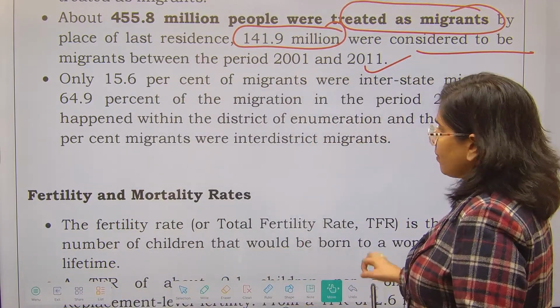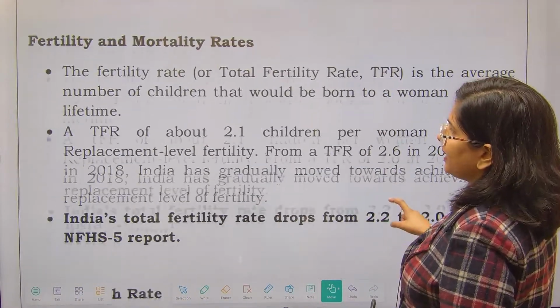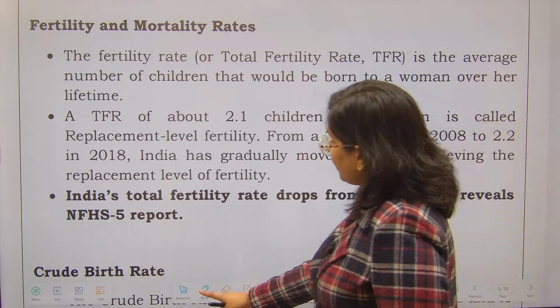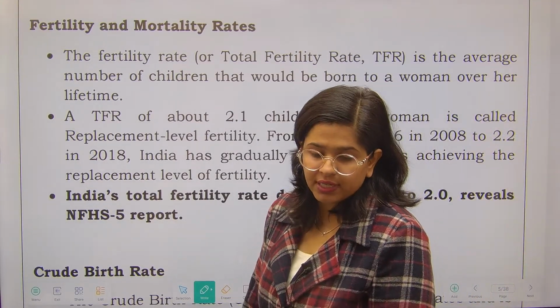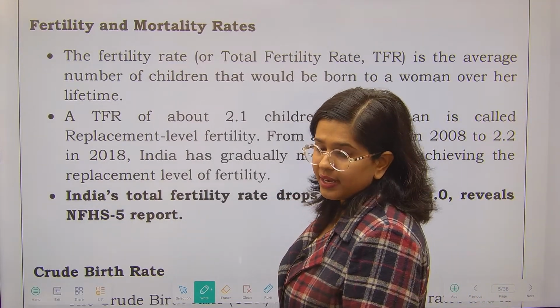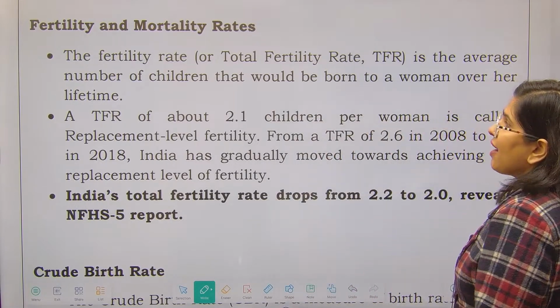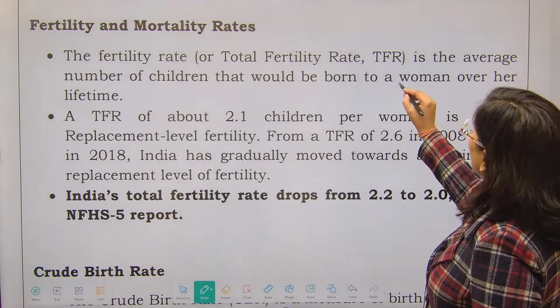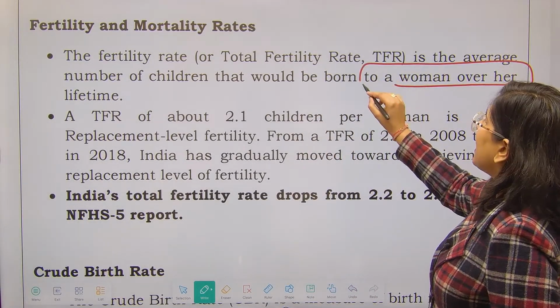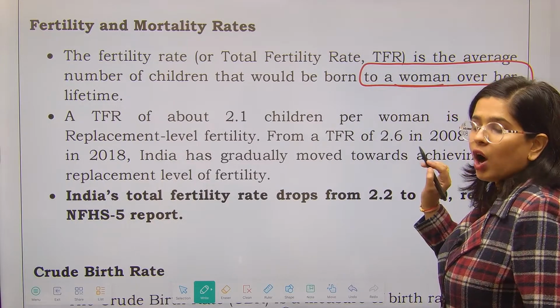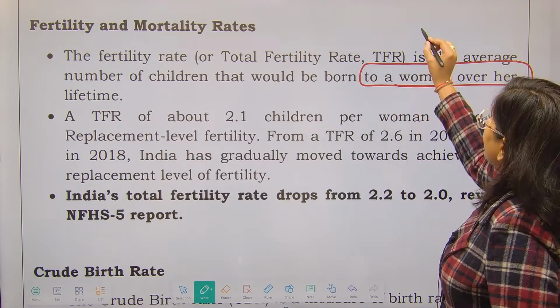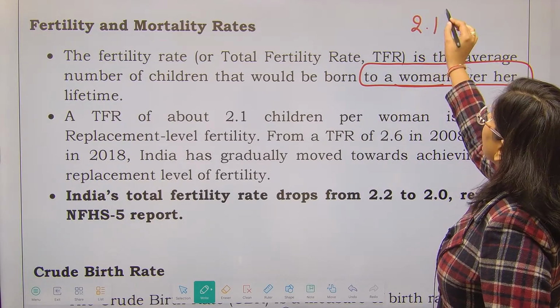Moving ahead and talking about the fertility and the mortality rates. We have already talked a little about the total fertility rate, right? So fertility rate or the total fertility rate is the average number of children that would be born to a woman over her lifetime. Here we are calling replacement level fertility as 2.1, right?